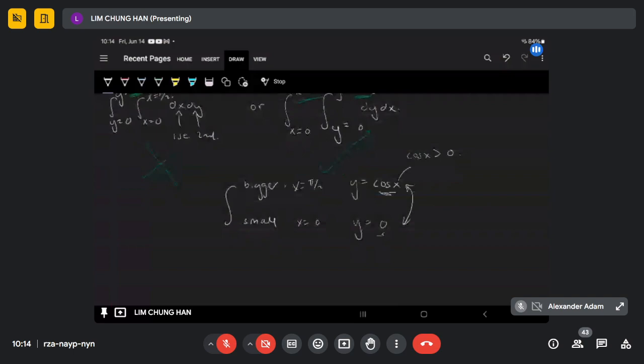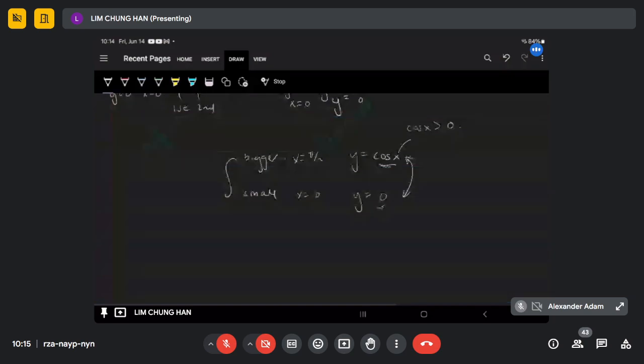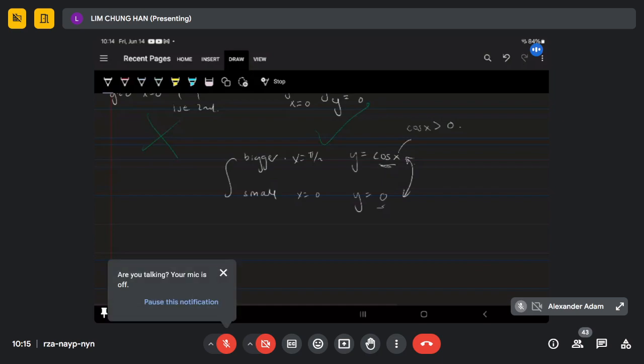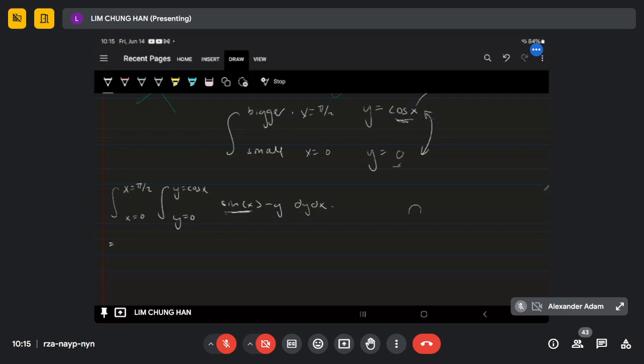So sine x integrate against y. What do you get? Well, sine x in this case becomes a constant. It becomes a number. So think of sine x as a number 8. So when you integrate 8 against dy, what do you get? 8y, right?